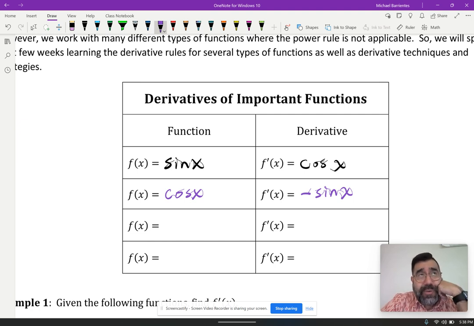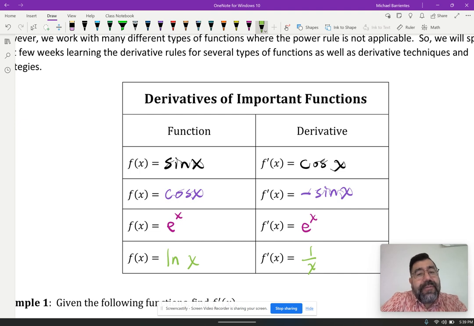Later, in one of the later topics, when we talk about trigonometric functions, we're going to find there's a nice pattern that we can use whenever we're dealing with cofunctions like cosine. My favorite function of all is e to the x. Its derivative is e to the x. And the derivative of the natural log, that's an L, natural log of x, is 1 over x.